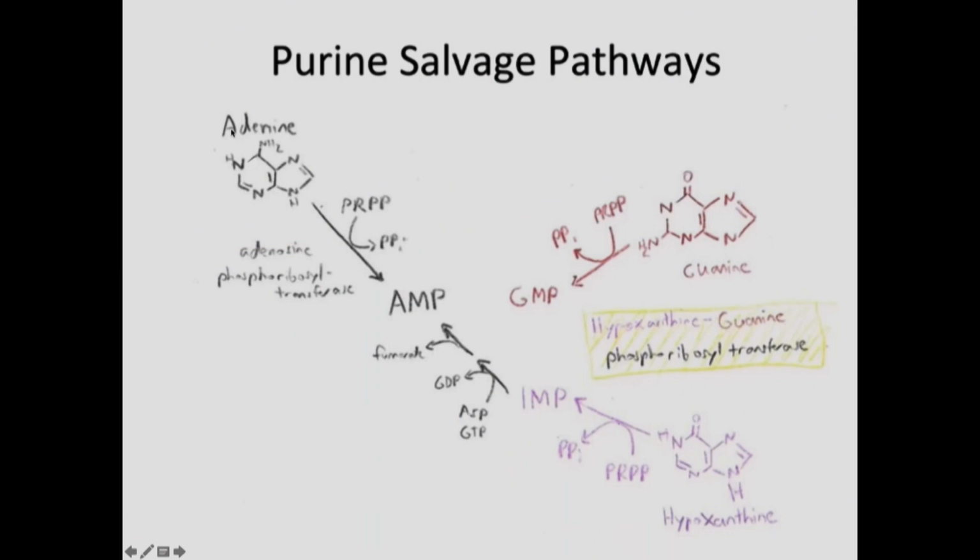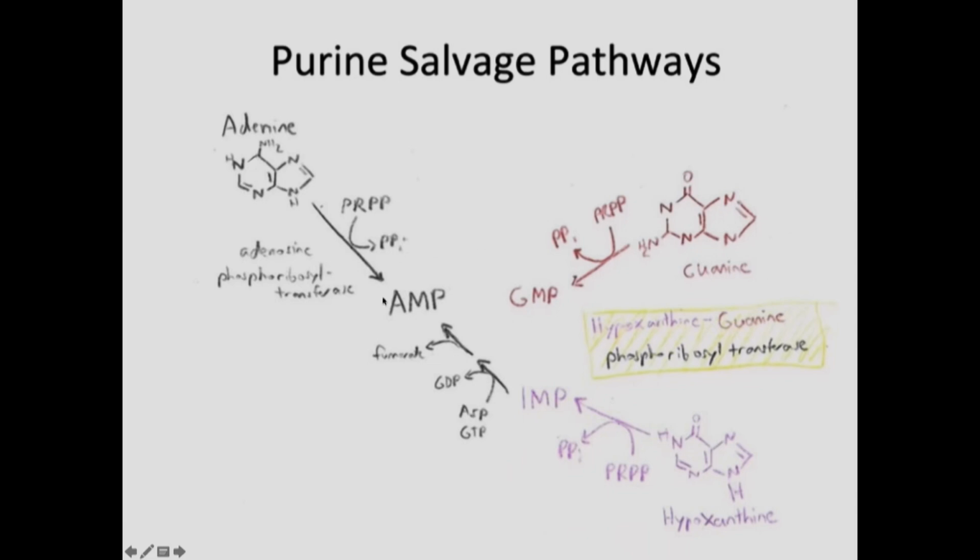And basically these are simply added to PRPP. So if you take adenine, add it to PRPP, now you have AMP. If you take hypoxanthine, add it to PRPP, now you have IMP, and you can use that IMP to then synthesize AMP, or not shown here, GMP, via the pathways I've already shown. Or if you have guanine, you can salvage that guanine, add it to PRPP, and then generate GMP.